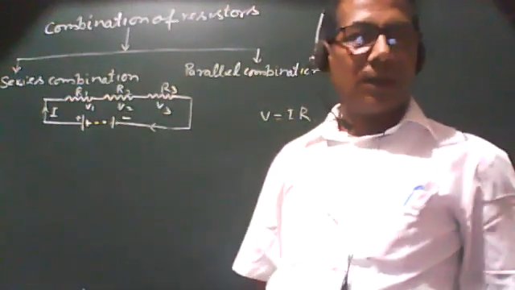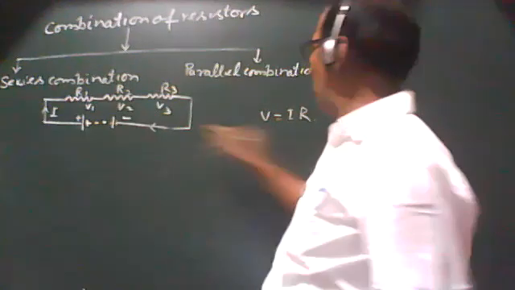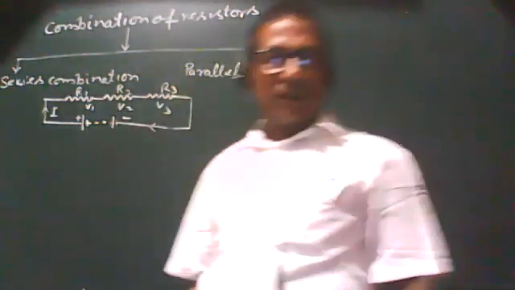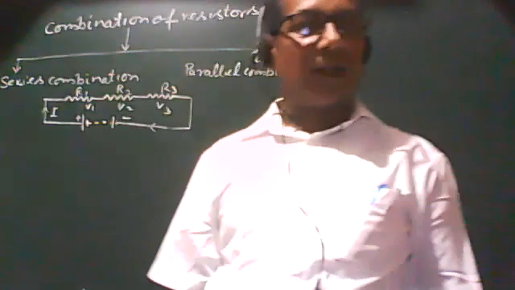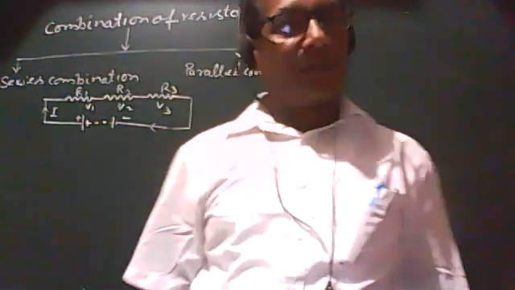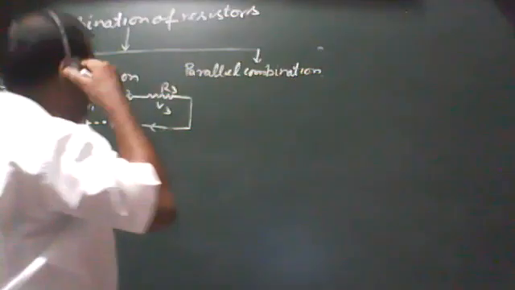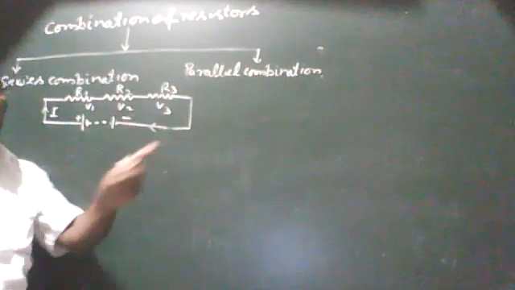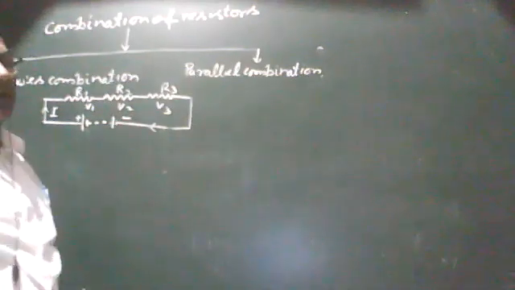Okay, we will find the formula for the equivalent resistance of a series combination. Since the potential differences are different, we will find V1, V2 and V3.